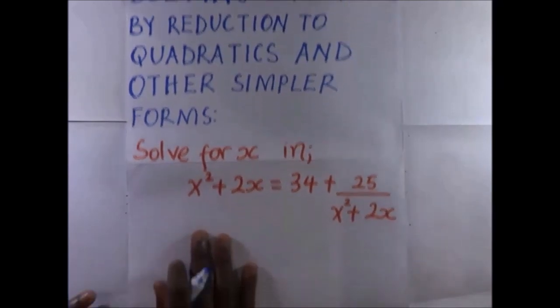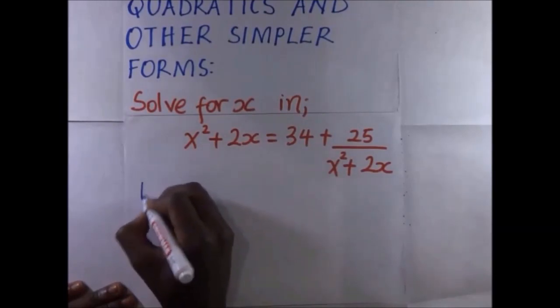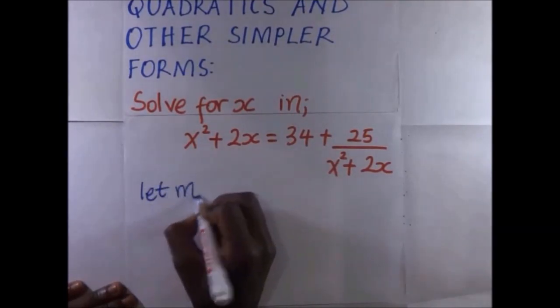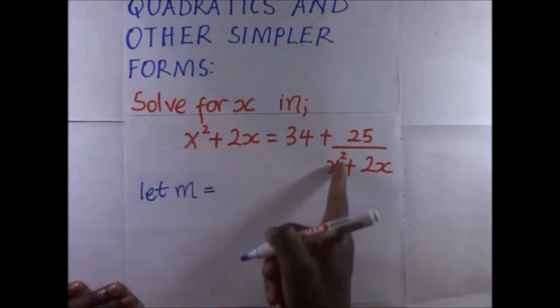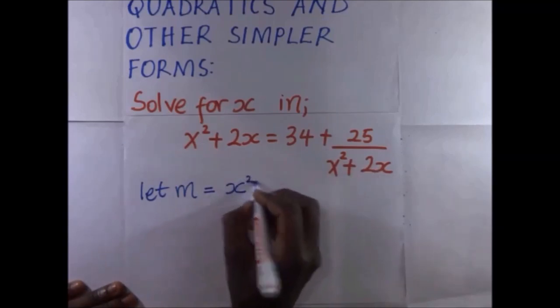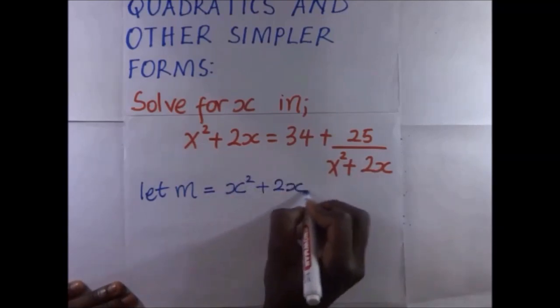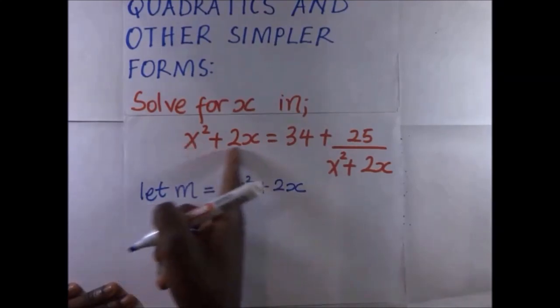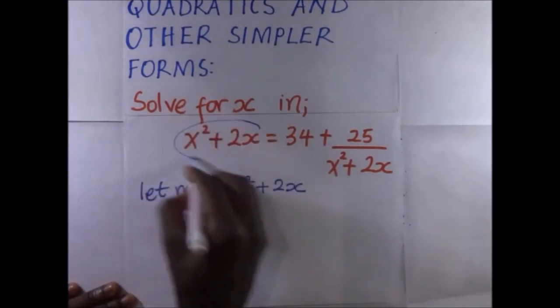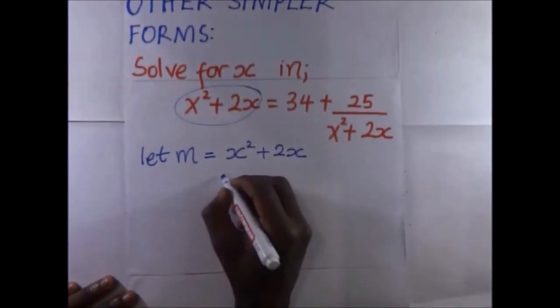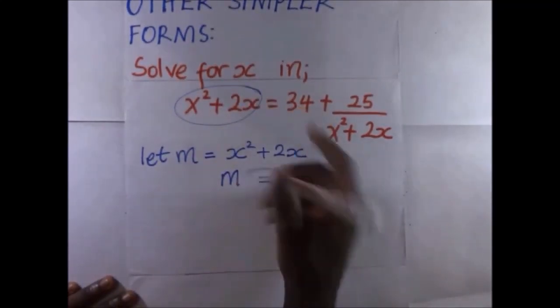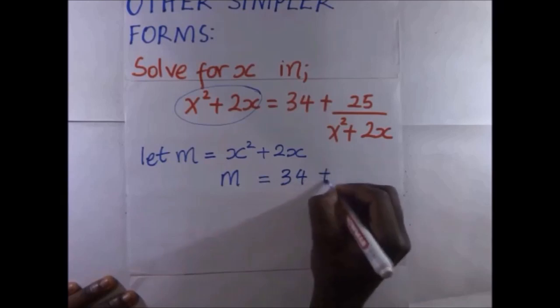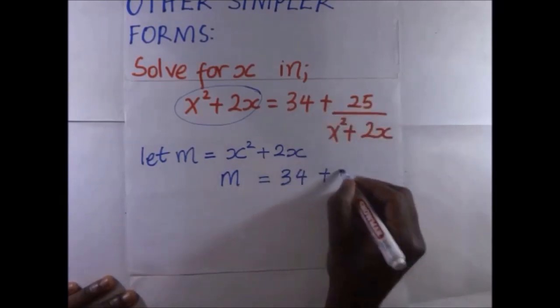So let's call it m. Let m be equal to x squared plus 2x. When we make m equal to x squared plus 2x, it means that this whole expression now becomes m is going to be equal to 34 plus 25 over m.